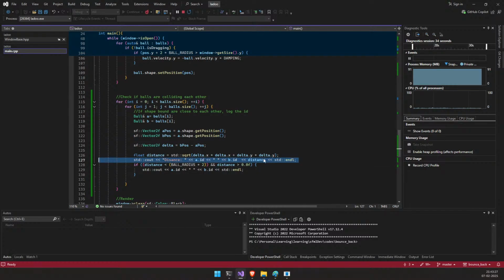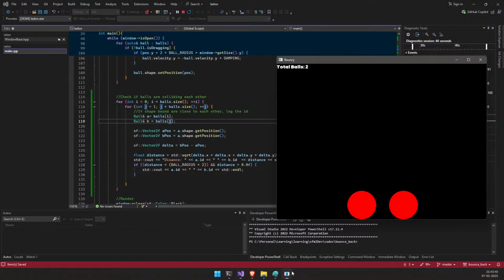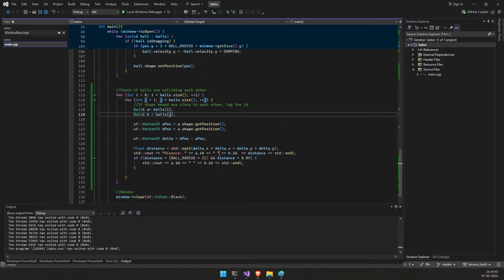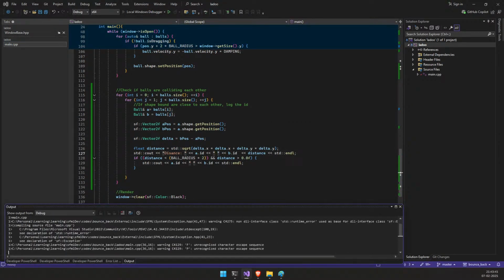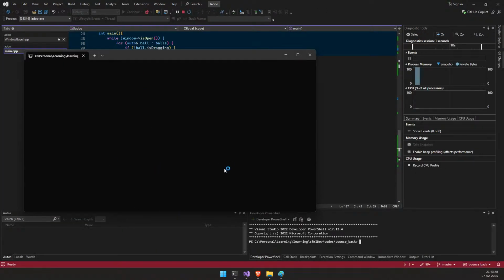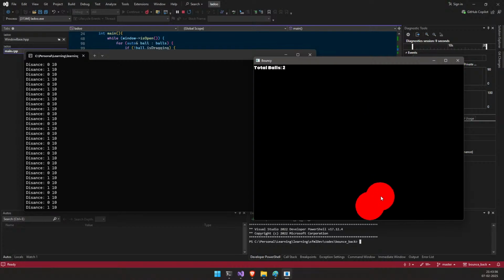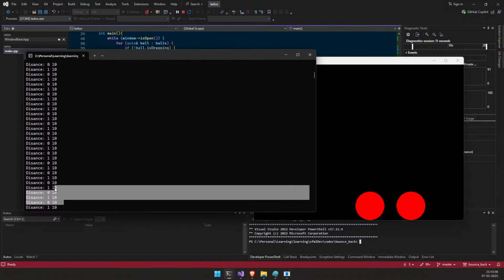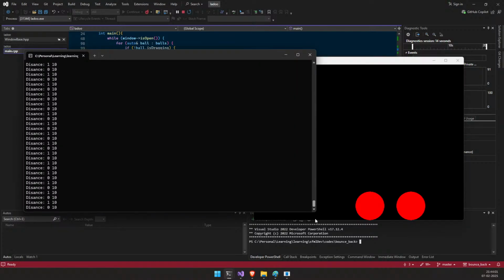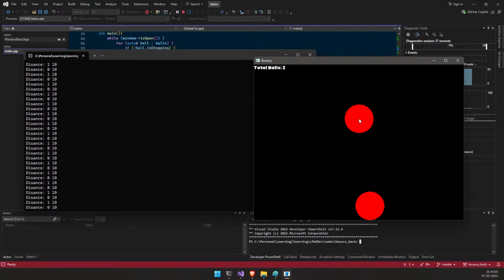Why is distance coming zero? First delta y should be J max. Distance is 0, again distance is 0.